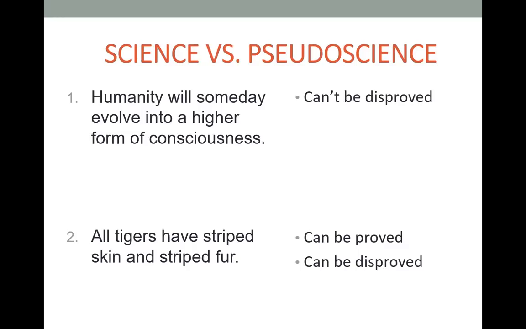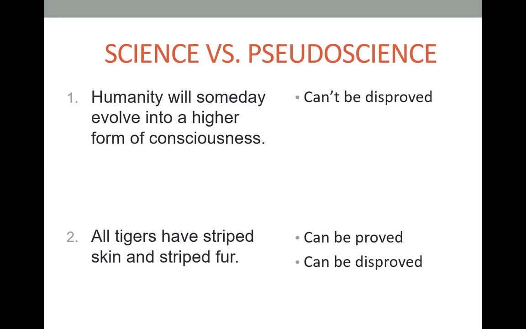What I'm going to claim, my own hypothesis, I know, play on words there, is that this statement can't be disproved. On the flip side, the second hypothesis, all tigers have striped skin and striped fur, can be proved and it can be disproved. All right, so why is this correct? Let's focus on the top one.